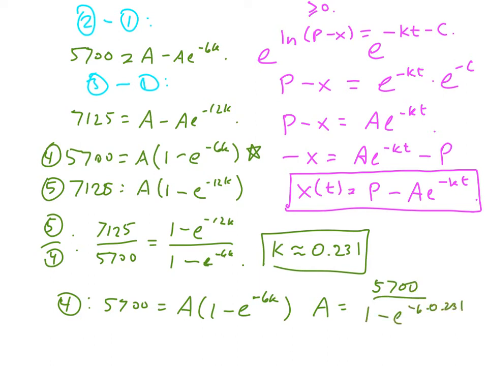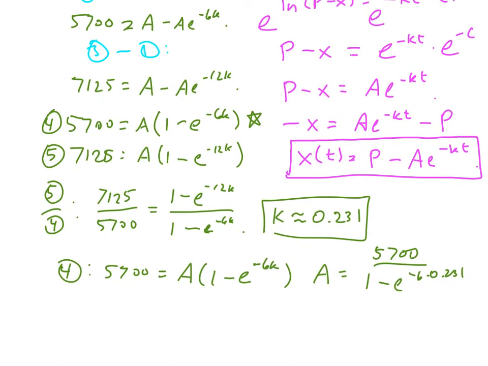Is that right? Yeah. I'm just punching into Cortana again. I have no shame. It looks like I'm going to get A equals 7600. So that's another of my missing parameters there.